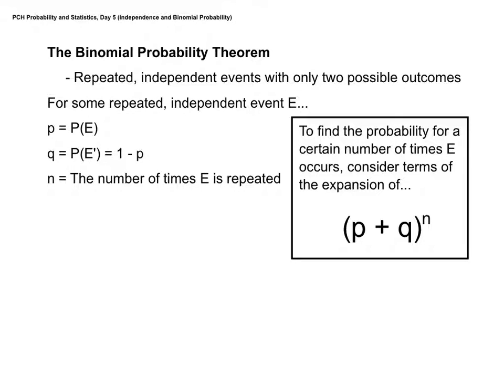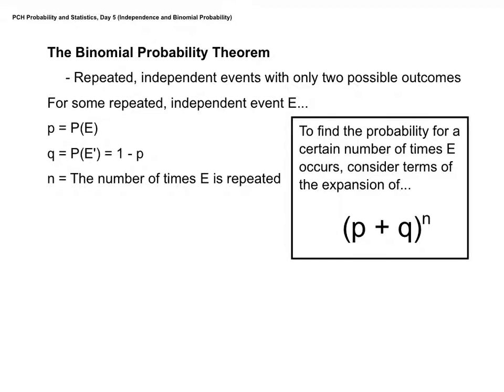Alright, so just to sum things up here. Let's say that E is some repeated independent event. One way of summarizing this is we let P be the probability of E. Q is the probability of the complement, or not E. So that's 1 minus P. N is the number of times we're repeating this experiment.